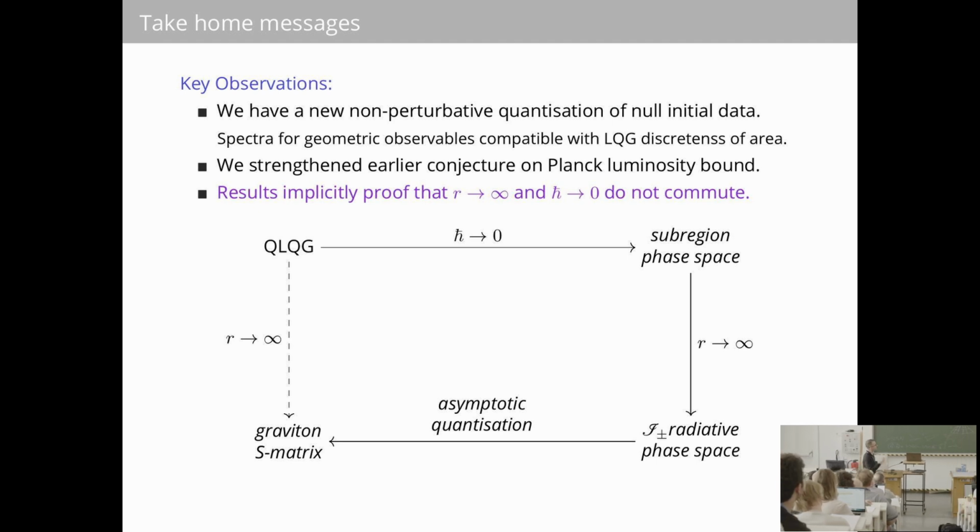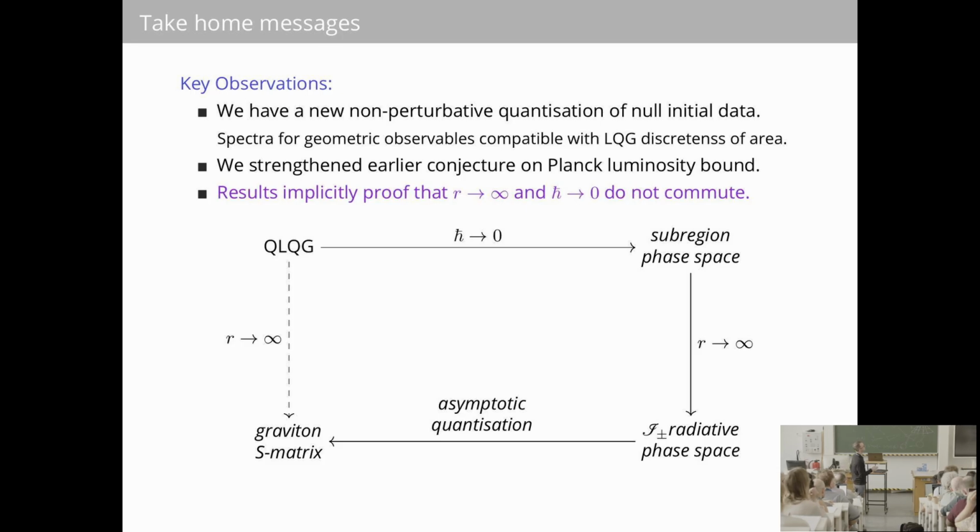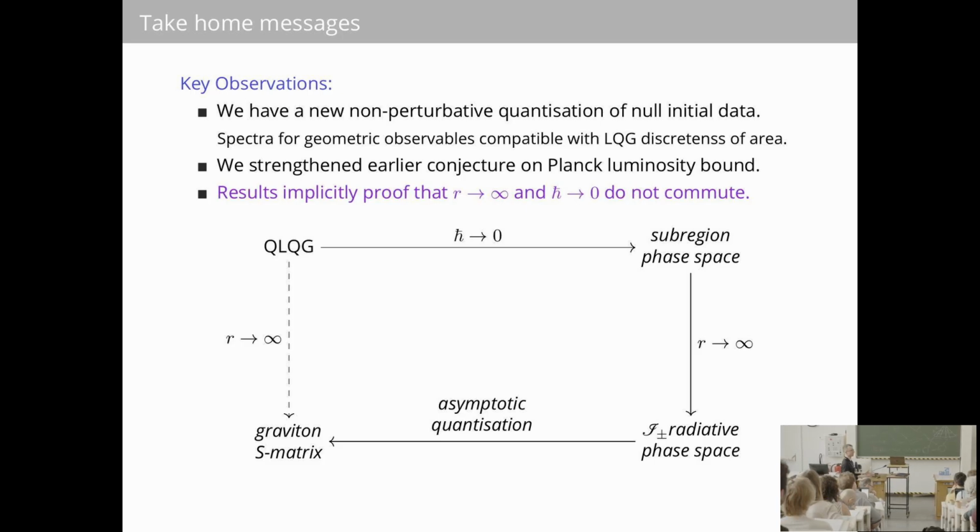The logic, of course, is fundamentally quantum theory, but the logic that I came from is the following. I look at the subregion phase space, the phase space of general relativity in a finite domain, but not a spatial domain, a null domain. And then I quantize this phase space, and I get some quasi-local quantization.